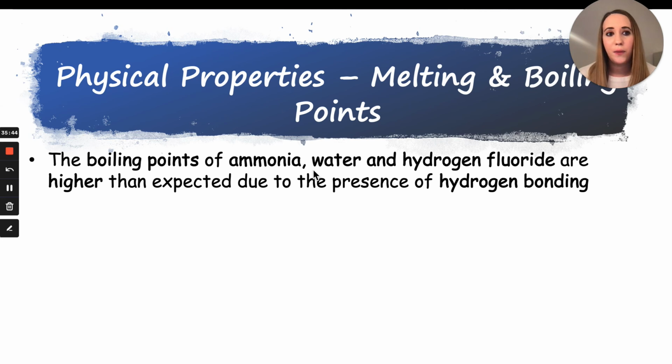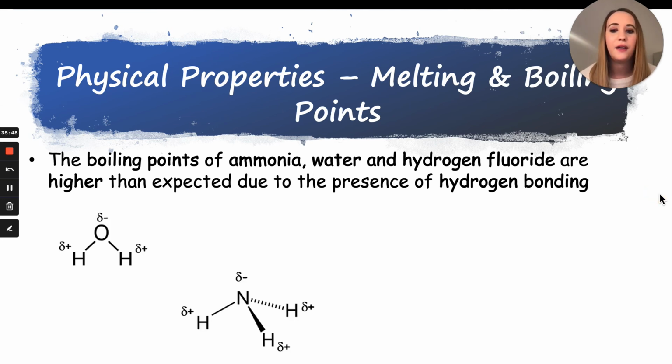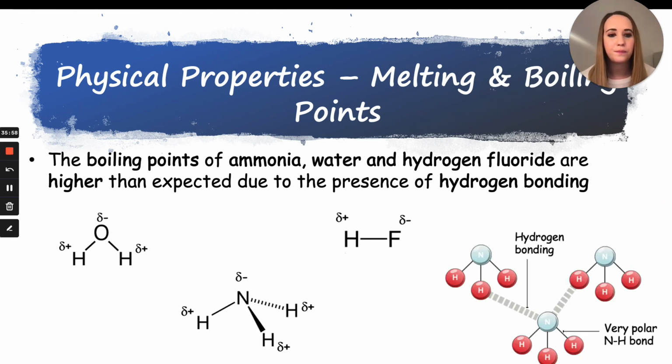Other molecules like ammonia and hydrogen fluoride have that same kind of impact, so they all have higher boiling points than they should based on similar molecules because of the hydrogen bonding between them. Okay, so if you're asked in an explain question about melting and boiling points, think about polarity, intermolecular force, and then linking that to the difference between the melting and boiling points, or explaining whether it's high or low.